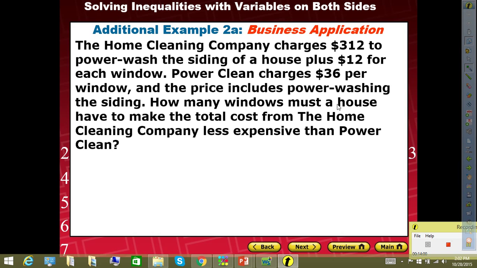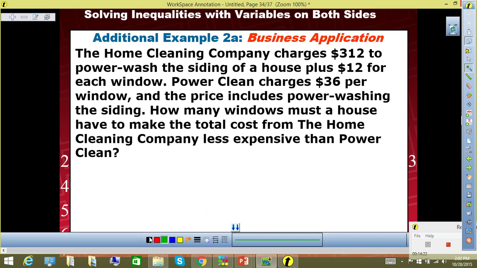How many windows must a house have to make the total cost from the Home Cleaning Company less expensive than the Power Clean company? So first of all, how many different companies are they talking about? 2. We have the Home Cleaning Company, underline that, and the Power Clean company. Okay?